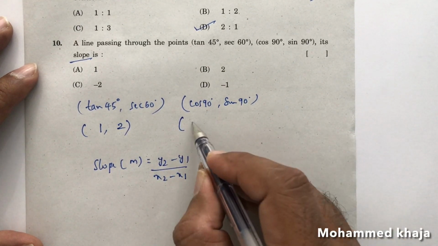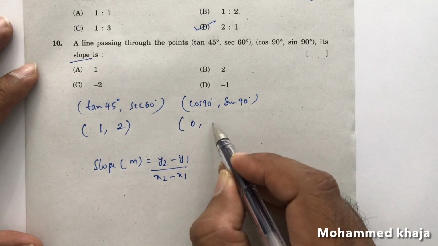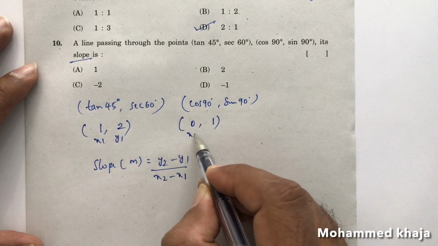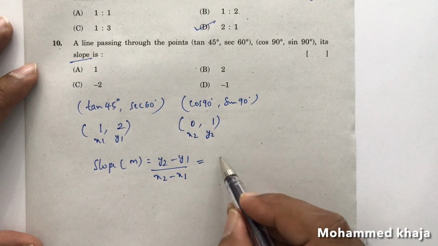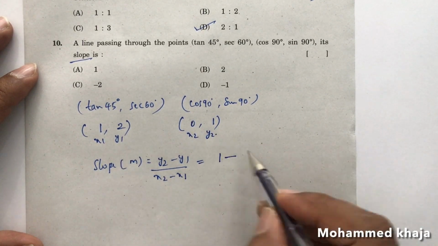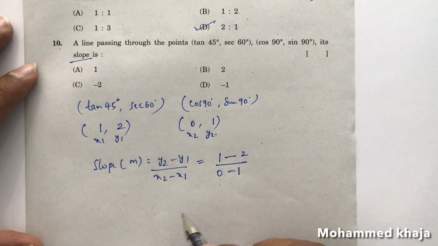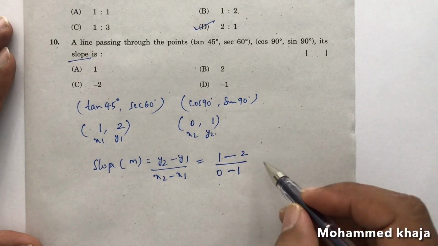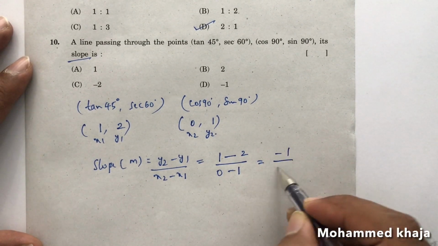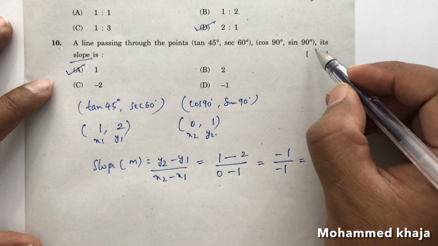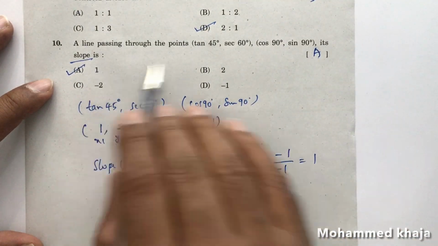Cos 90 is 0 and sin 90 is 1. So x1 y1, x2 y2. y2 minus y1 by x2 minus x1. So minus 1 by minus 1, which is 1. So the slope is 1. Correct option is A.